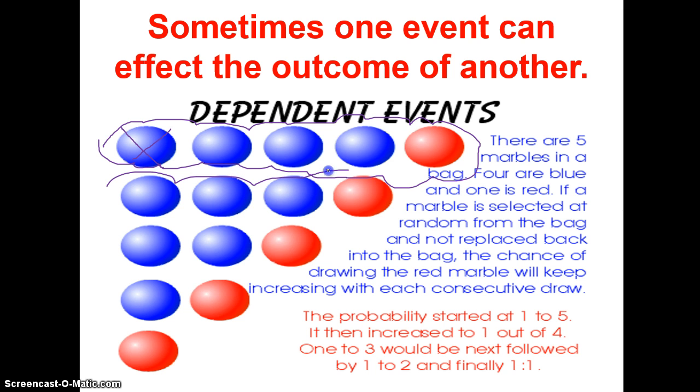The next time I draw, this is now my third attempt, I have 1 less blue, so now I have 2 blues and my 1 red. And if this continues down to our 5th trial, if we haven't pulled that red ball out, we have a 100% chance of pulling it, even though we started out with only 1 out of 5 balls being red.